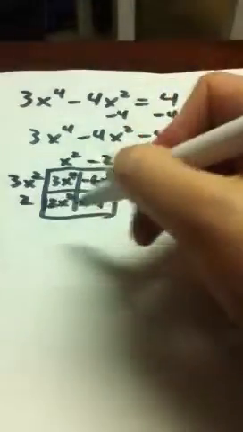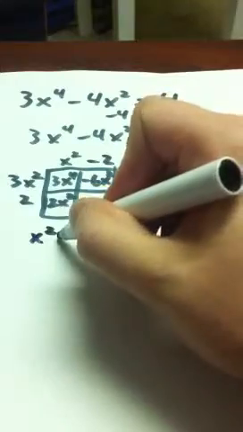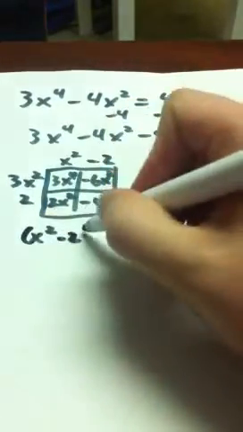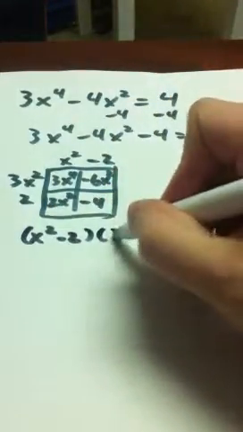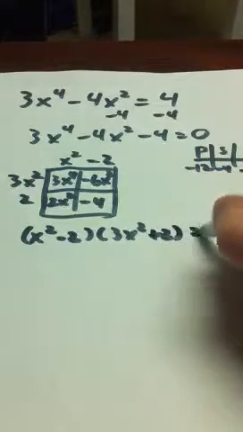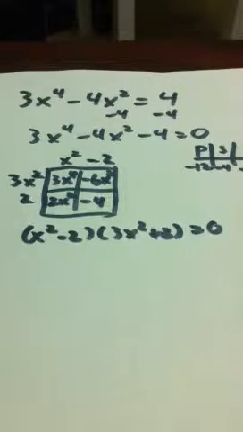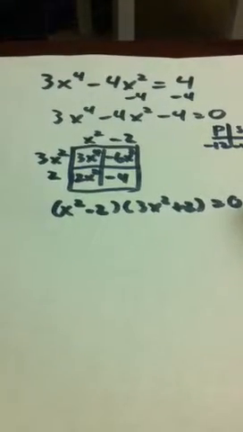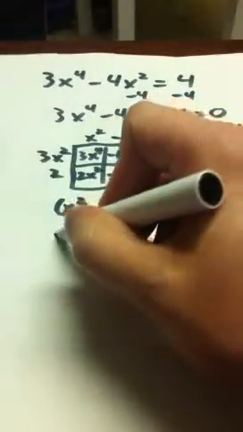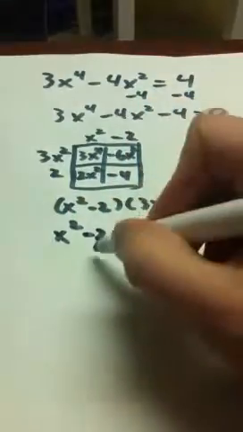Alright, so now I found my factors. Both are quadratic, so I get x squared minus 2 and 3x squared plus 2 equals 0. Alright, so from here I'm going to have to set each factor, each parenthesis, equal to 0. So we're going to start with x squared minus 2 equals 0.